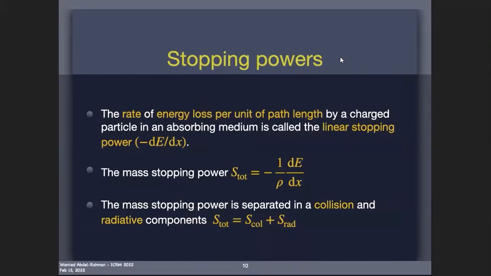That's just to remove the density of the material from how charged particles lose energy in matter, and it's just the rate of energy transfer per unit length divided by the density of the medium. And the total stopping power is just the sum of the energy loss from the charged particle through collisions and the sum of the energy loss per unit length or per mass through radiation.